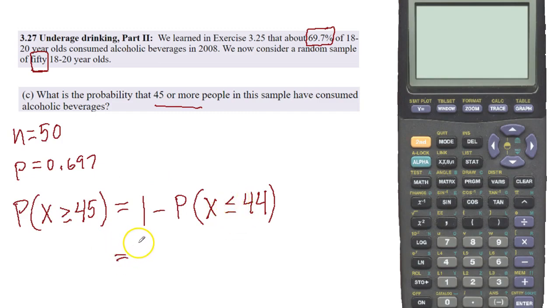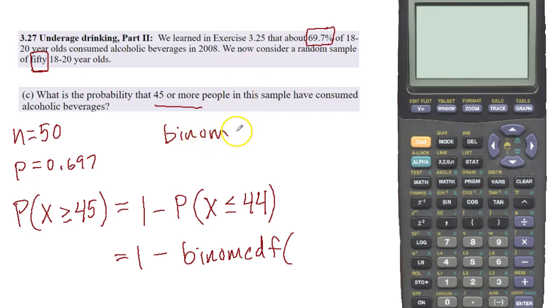So we'll be using 1 minus binomCDF. The formatting in general is the same formatting as PDF, but we're using CDF, and it's N, P, and X. And X is this number that's next to the less than or equal to.